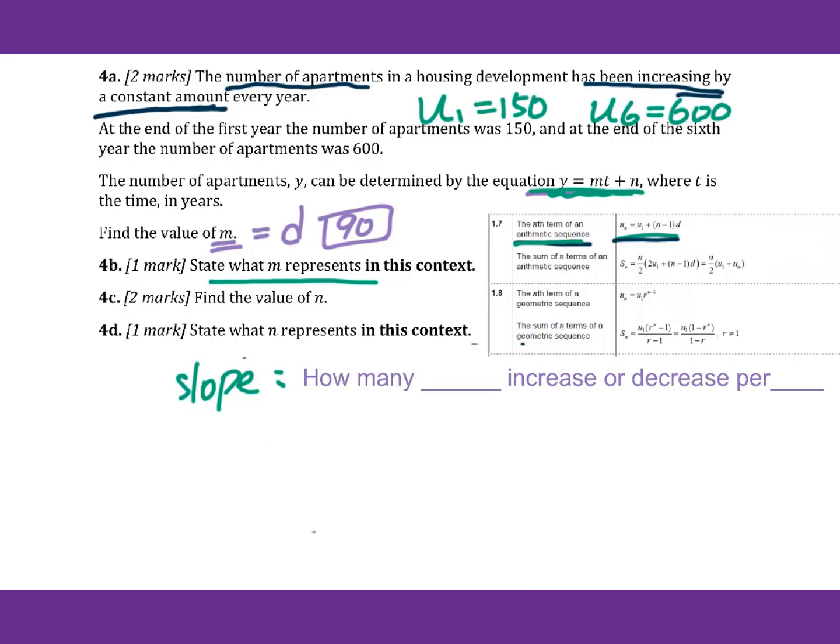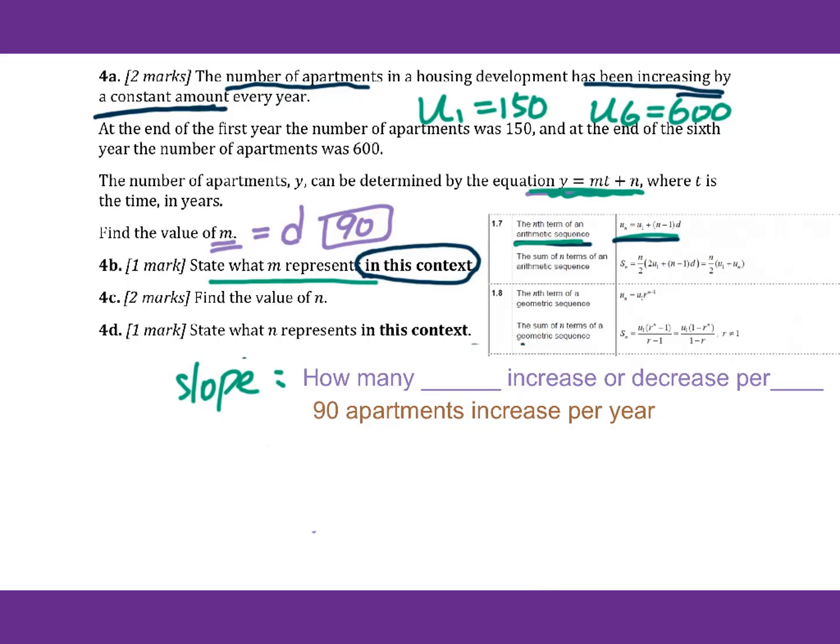For this problem, we could say 90 apartments increase per year. For the 4b, don't say m represents the common difference. In this context, which means what does this mean in this problem?